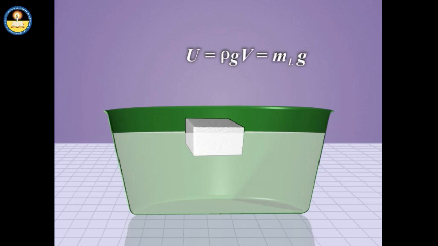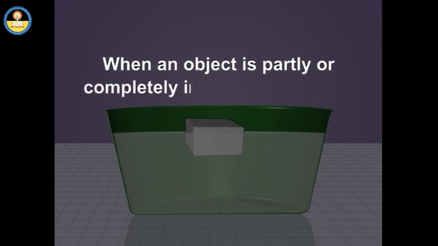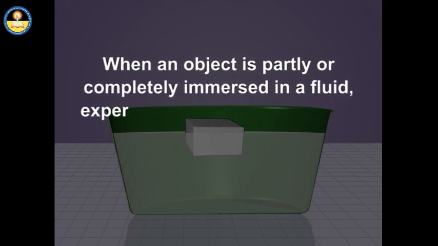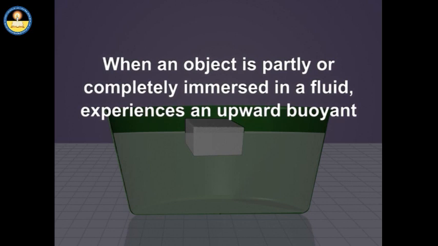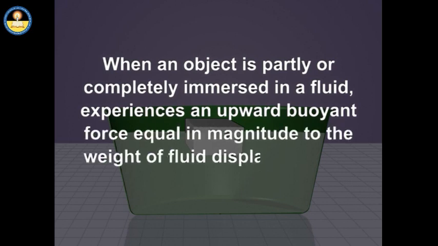The result holds true irrespective of the shape of the object. Archimedes summarized like this: an object partly or completely immersed in a fluid experiences an upward buoyant force equal in magnitude to the weight of fluid displaced by the object.